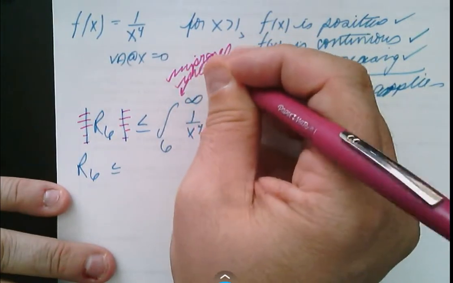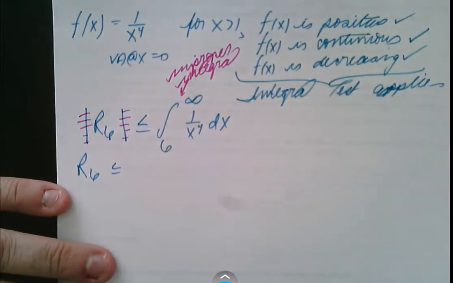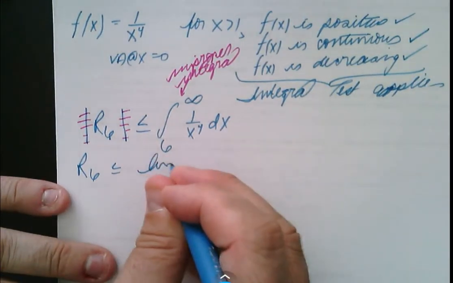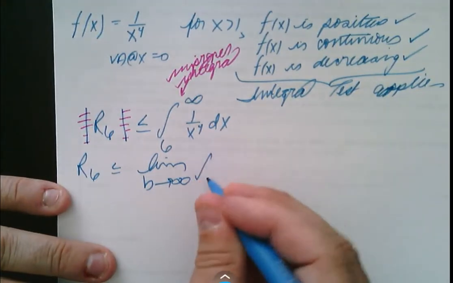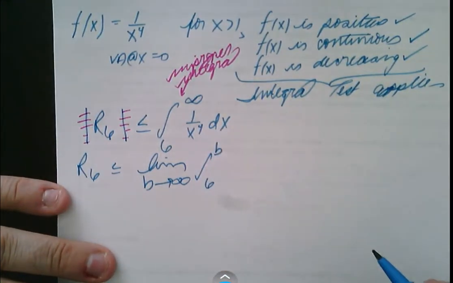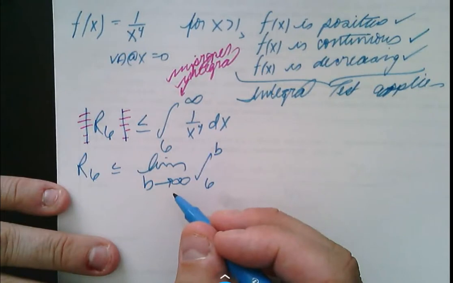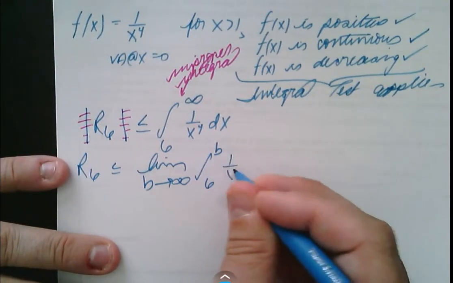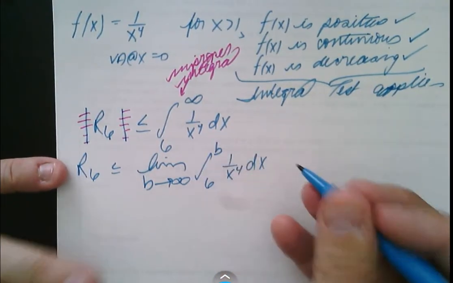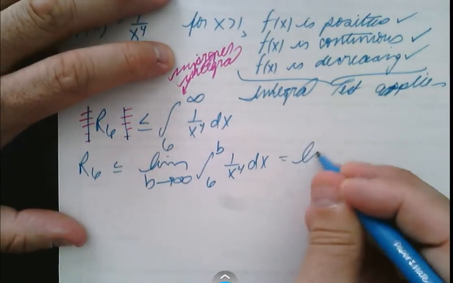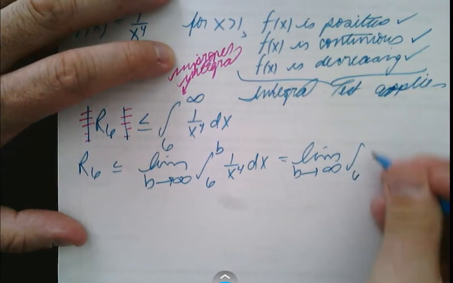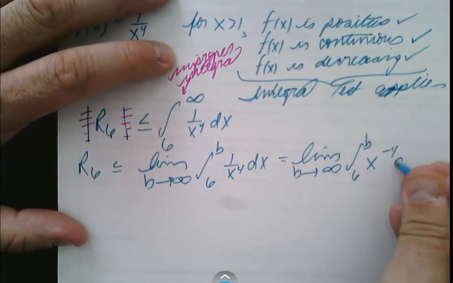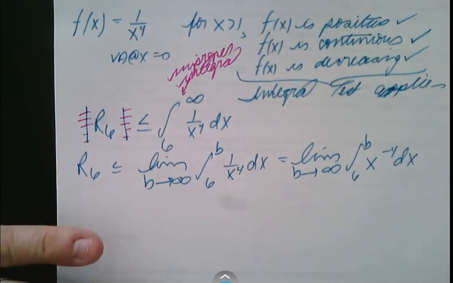So the right way to do this is you replace the limit that is improper and you say, let's do an integral from 6 to b, and we take the limit as b approaches infinity of 1 over x to the fourth dx. Well, we're going to take the limit as b approaches infinity, integral from 6 to b, x to the negative 4 dx.